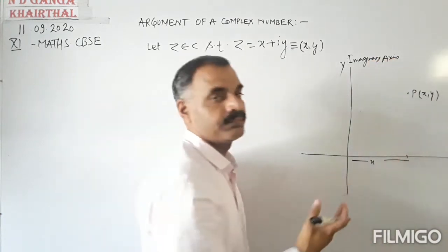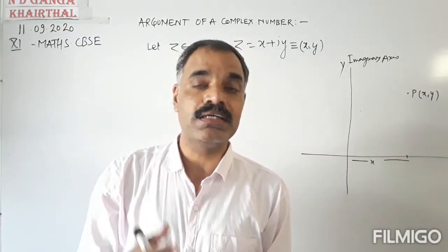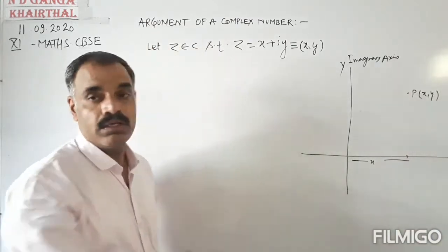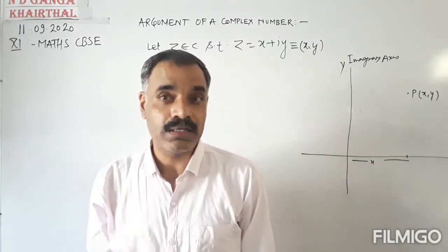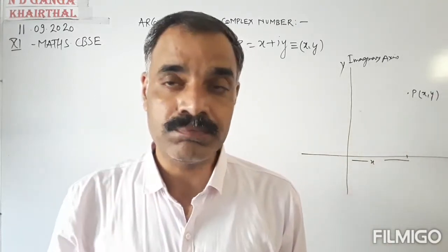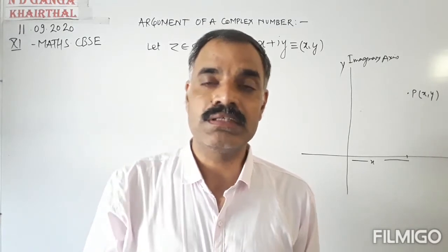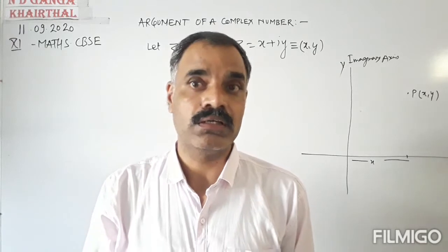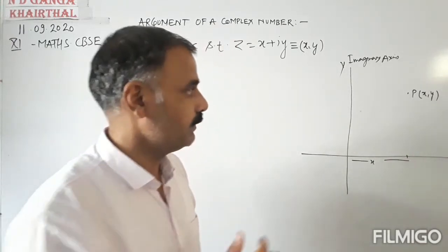And this plane where we are representing the point (x, y) or the complex number z equals x plus iota y is called the Argand plane or the Argand diagram or the complex plane or the Gaussian plane. Gauss was the mathematician who explained this plane.